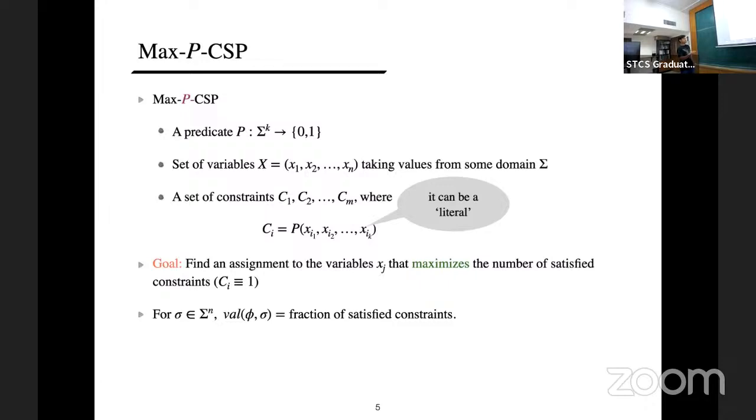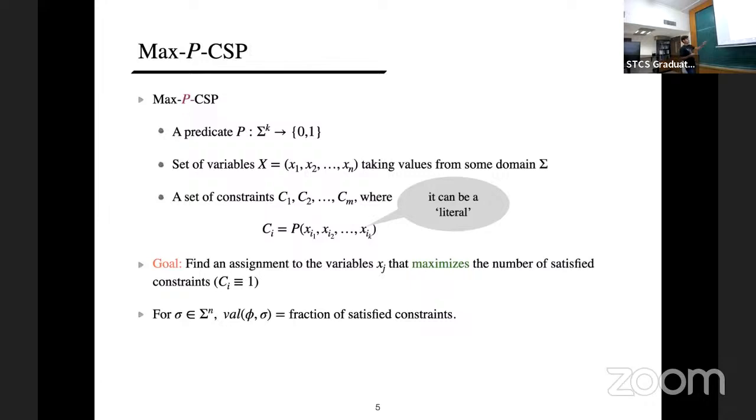And the constraint is satisfied if this evaluates to 1. So for 3-SAT, this map takes all 3-bit strings to 0 or 1. The only 0 mapping is 0,0,0, because 3-SAT has 7 satisfying assignments out of 8. And for XOR, this is like parity, so it maps odd parity strings to 1 and even parity strings to 0.